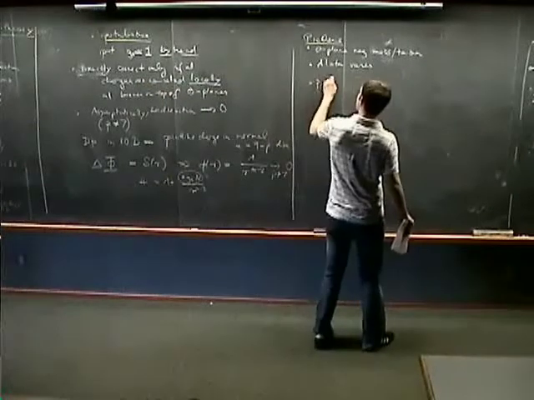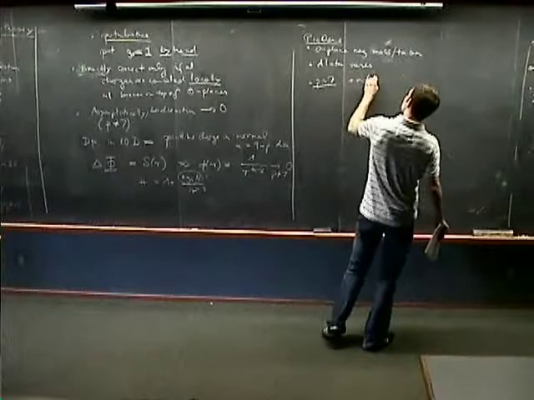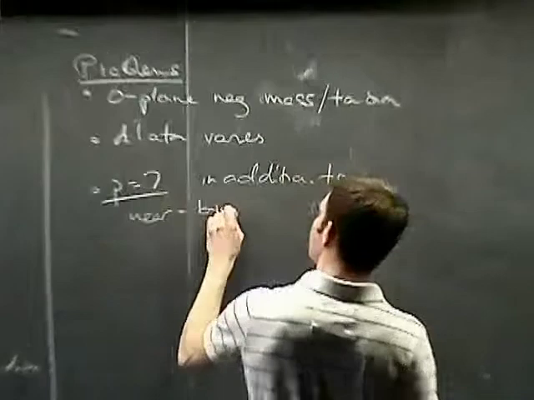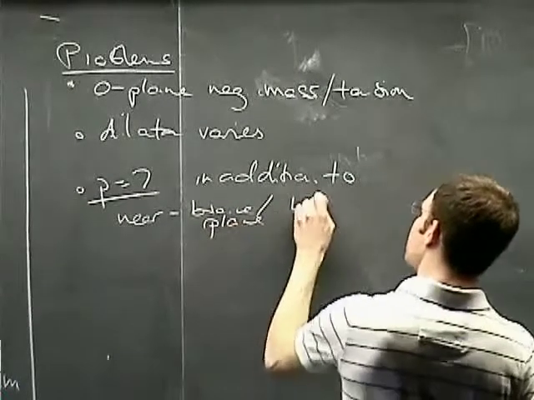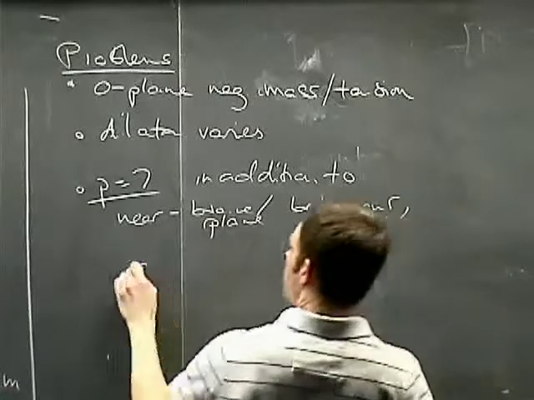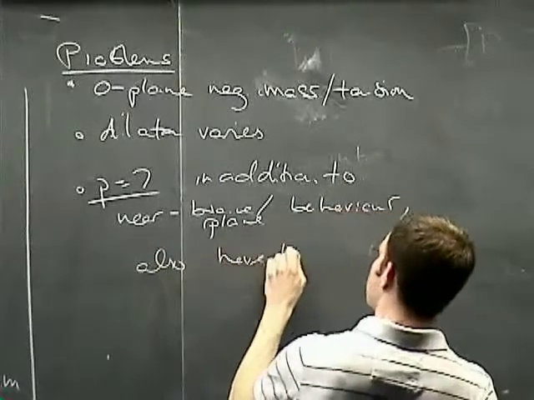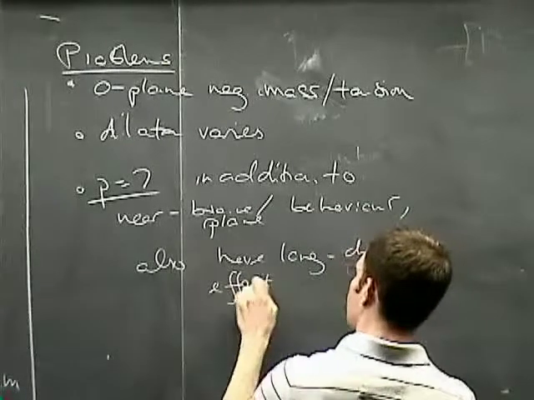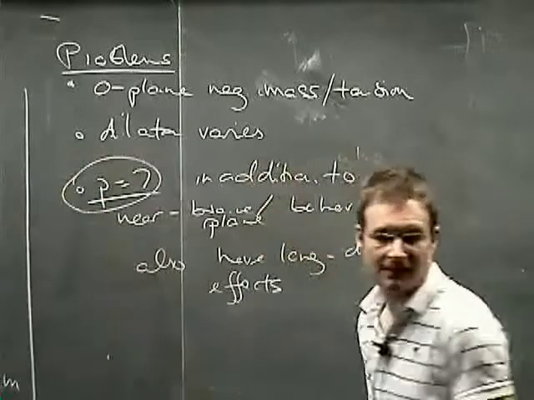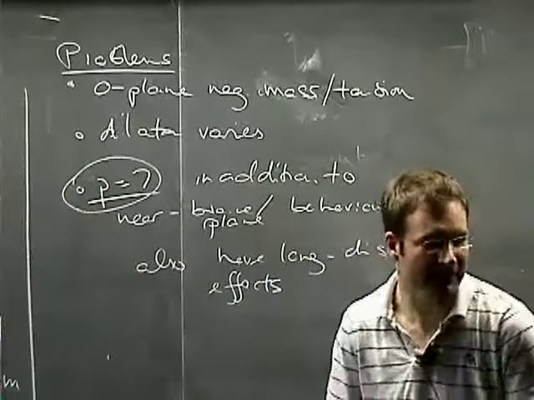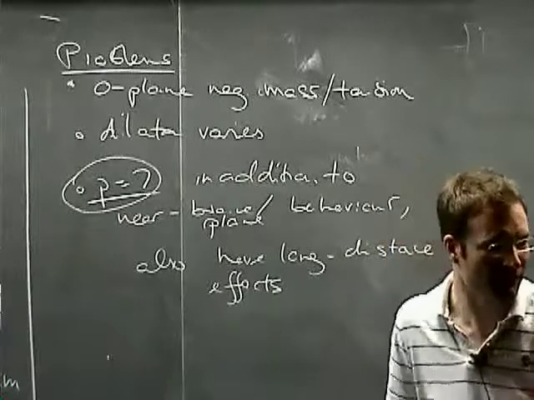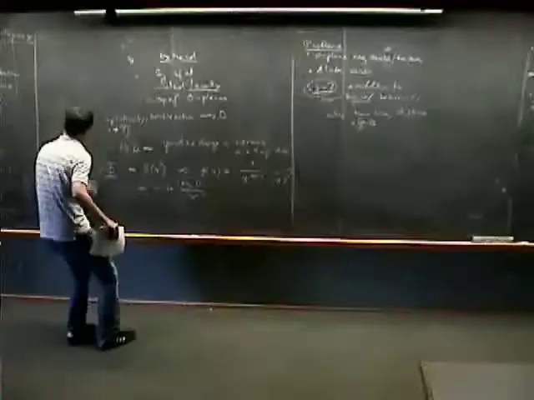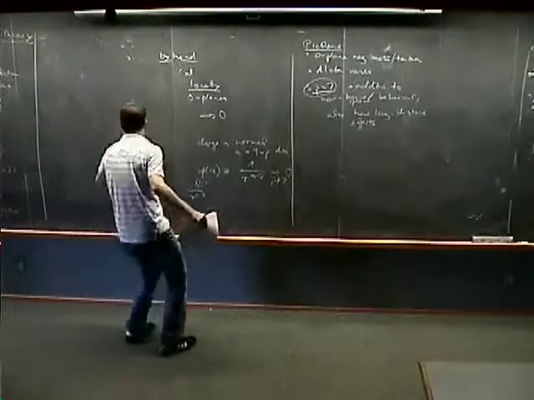For p equals 7, in addition to the near-brane, or rather near-plane behavior, we also have long distance effects. This is where p equals 7 comes in, and why in this case it's particularly important to have a better grasp, at least conceptually. So this is where F-theory is meant to kick in.